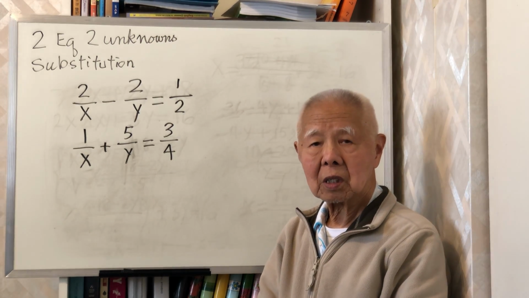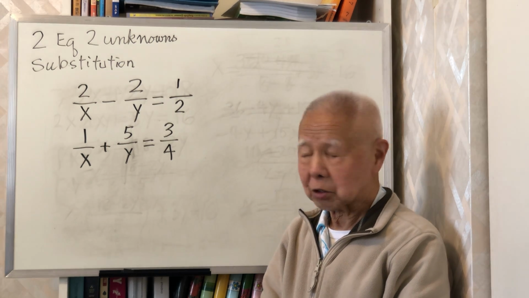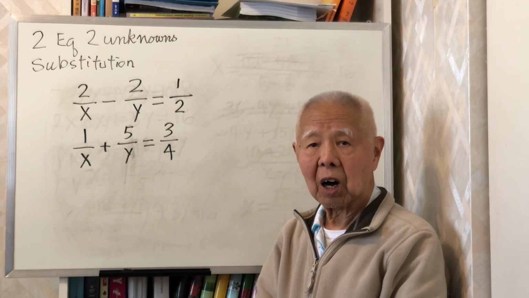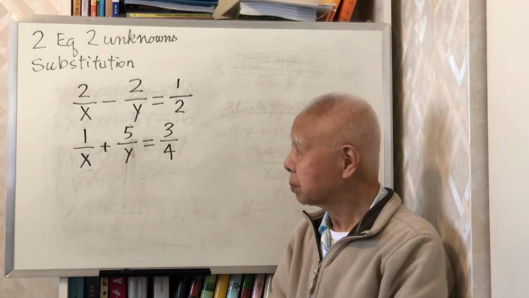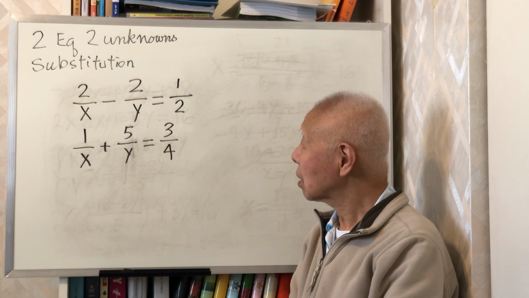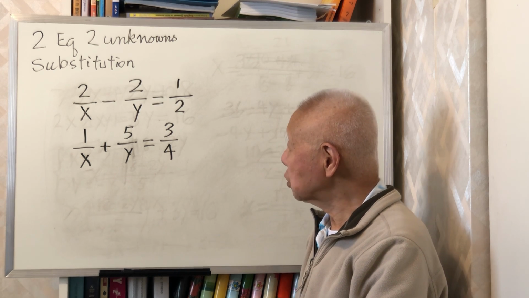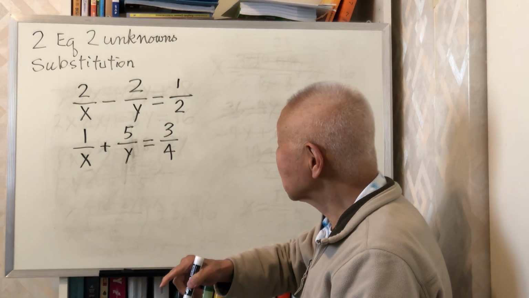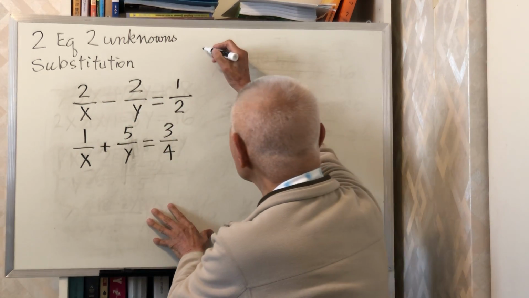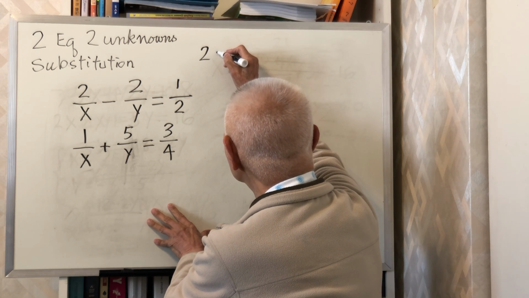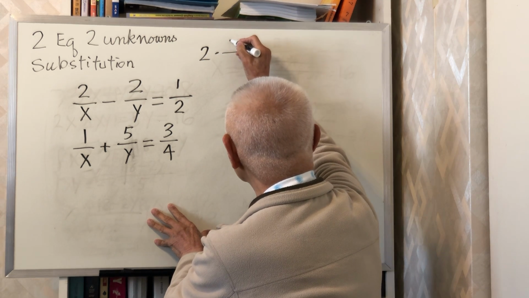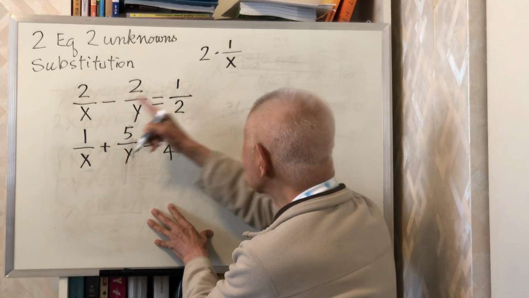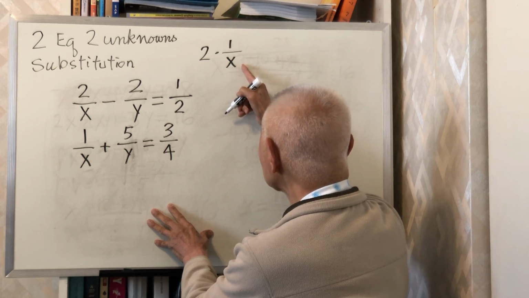This looks a little complicated because my x and y are in the denominator. So what I do is this. 2 over x is actually 2 times 1 over x.